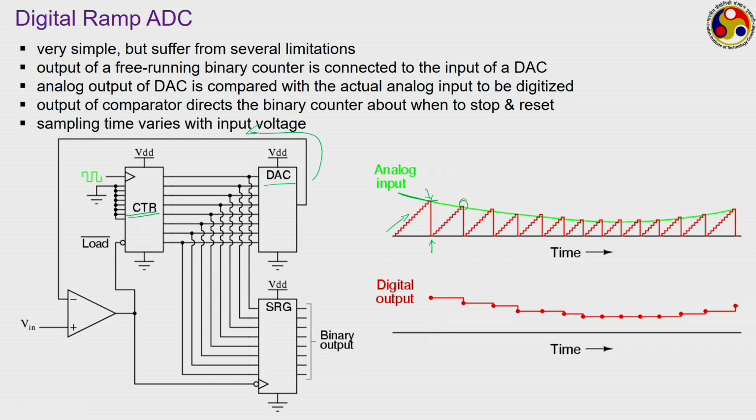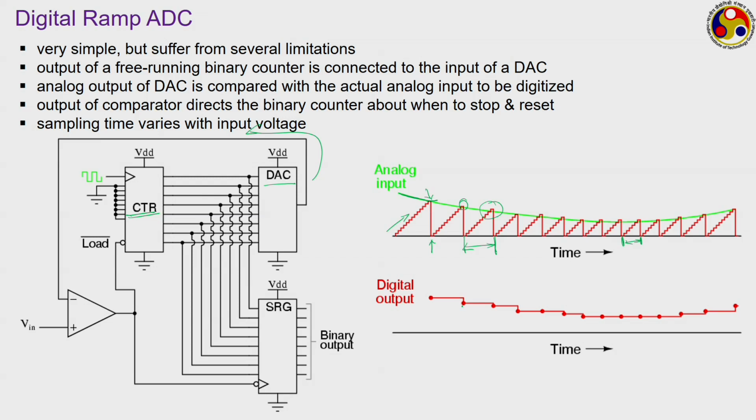Like you can see in this case one sample is collected here, the next one will be collected here. So, this span depends upon the input voltage value, which is high. Like in this case, one sample is collected here, the next one is collected here, it is a much smaller span because the input voltage is like that in this particular time. So, the sampling speed or sampling time keeps on varying with the input voltage itself, which also may not be a very favorable one.